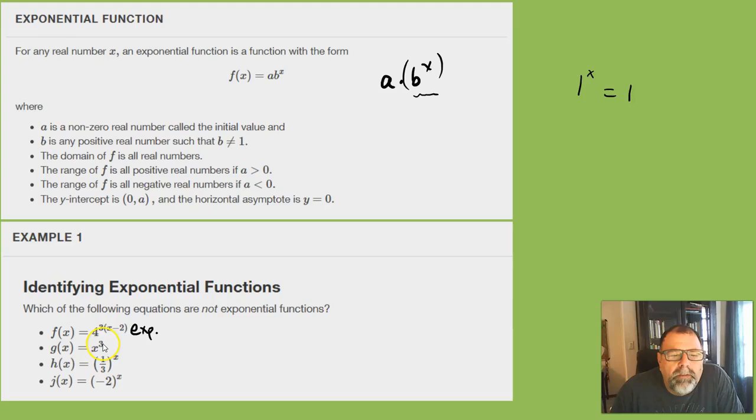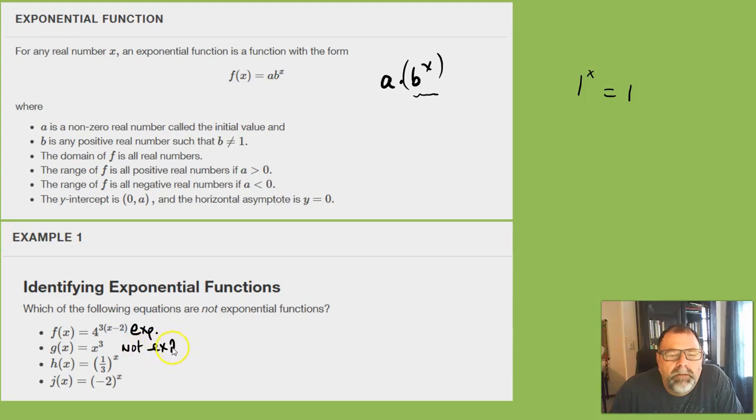Now, x to the third. Look at the variable in the base. It's an expression with exponents, but it's not an exponential function because the x is the base. We want the x to be the exponent to be exponential. So this one's not exponential.